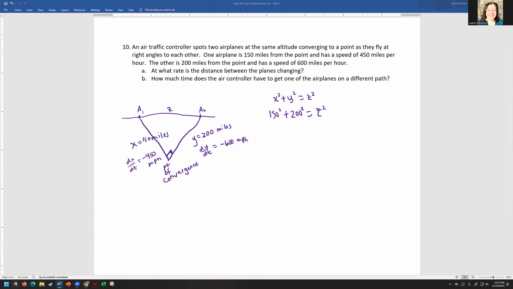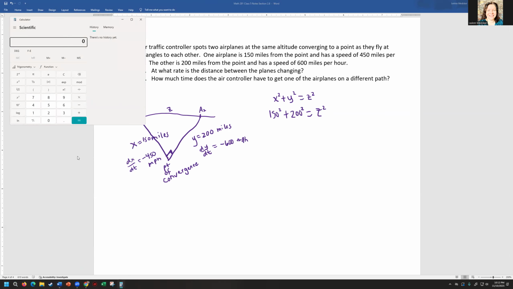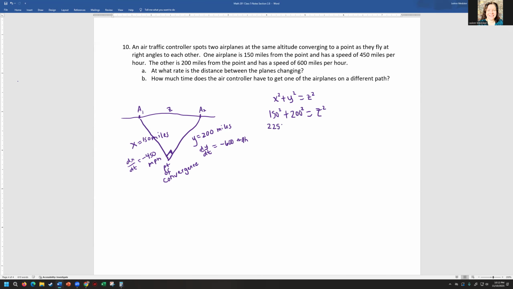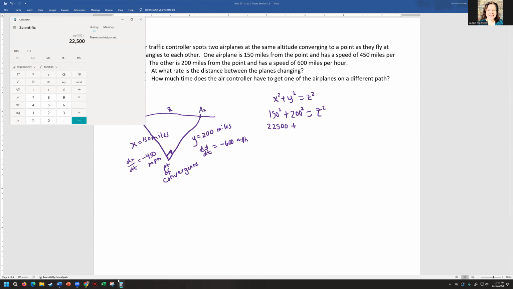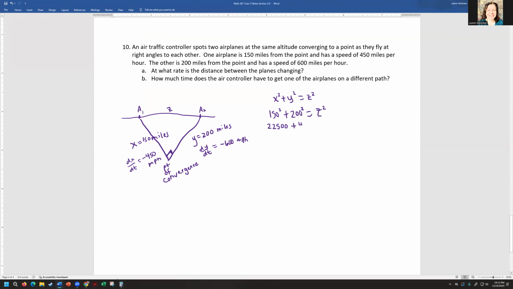get my calculator. We have 150 squared is 22,500. And 200 squared should be 400,000, I believe. Yep, so, oh, 40,000, sorry. Too many zeros. 40,000, so 4 zeros.